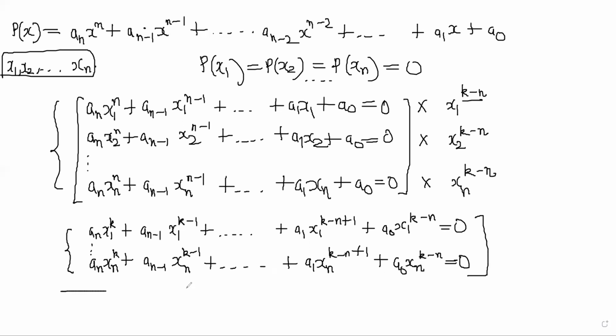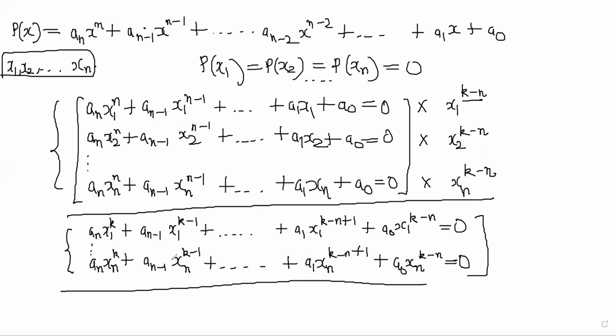Now, if you add up vertically all of these equations, there are n equations here. What you will get is an common, and look at what this is. This is x1 power k plus x2 power k till xn power k. So that is simply s of k, right?